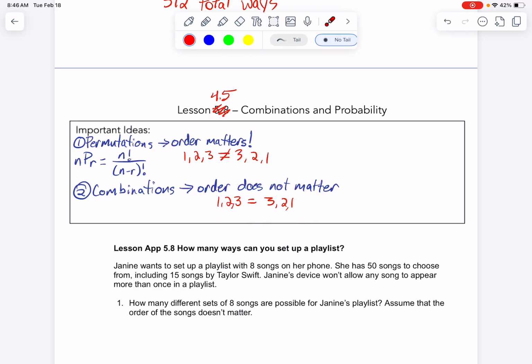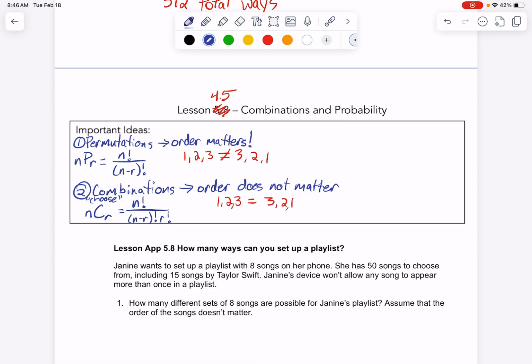It counts differently. It would only count these as one total, whereas a permutation would count these as different objects. So the way we write this out, now we do nCr, where that C stands for choose, because it's like 9 options choosing 3. And it has a bit more complicated of a formula. We just add an r factorial in the denominator there.